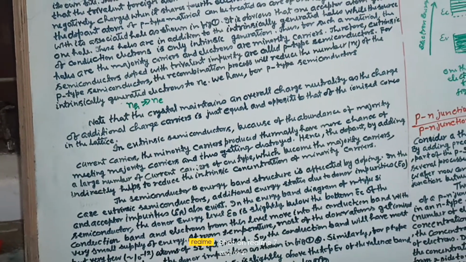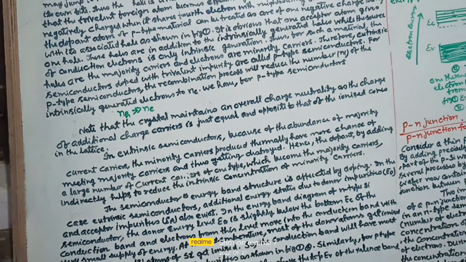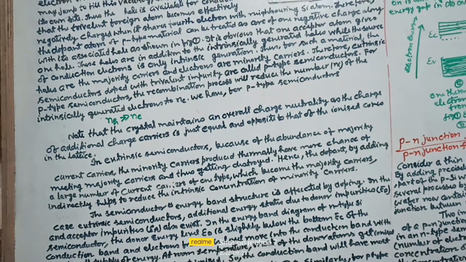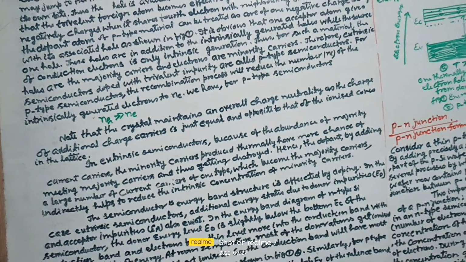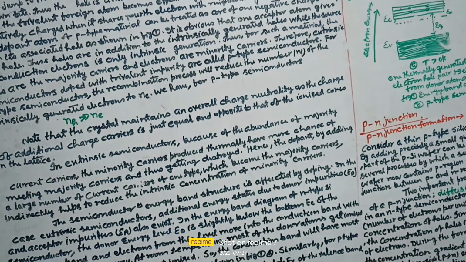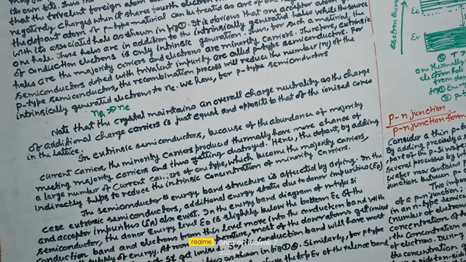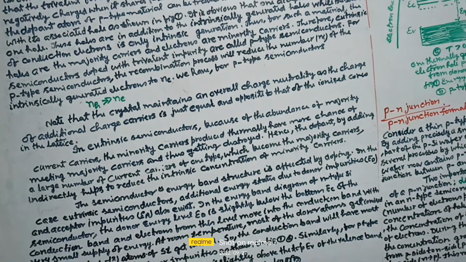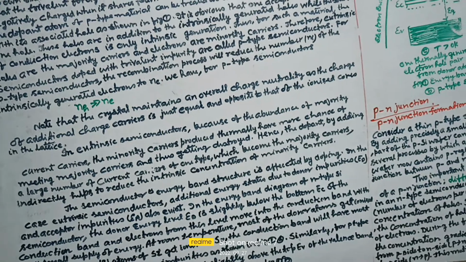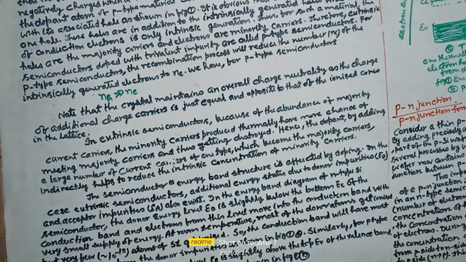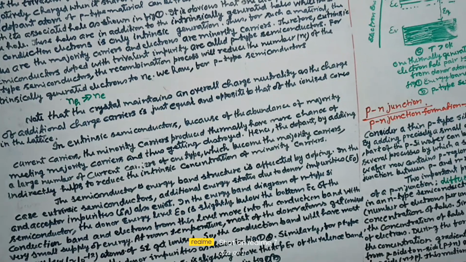In extrinsic semiconductor, because of the abundance of majority current carriers, the minority carriers produced thermally have more chance of meeting majority carriers and thus getting destroyed. Hence, the dopant, by adding a large number of current carriers of one type, which become the majority carriers, indirectly helps to reduce the intrinsic concentration of minority carriers.